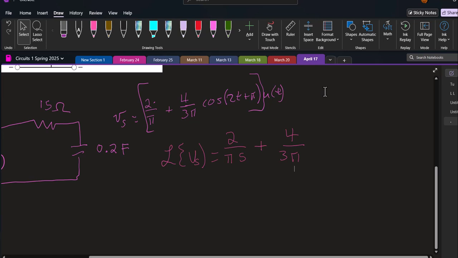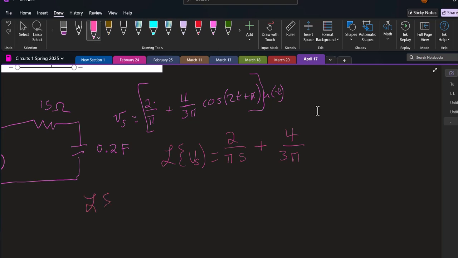It is that stuff. So what I'm looking for is cosine, the cosine on the left. Cosine omega t plus theta, times u of t, perfect.